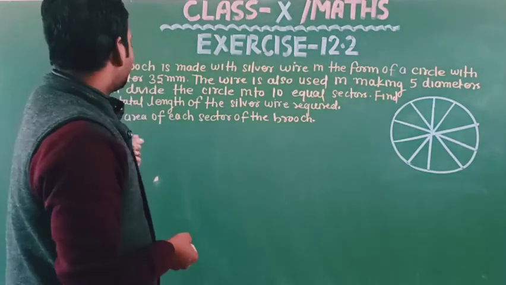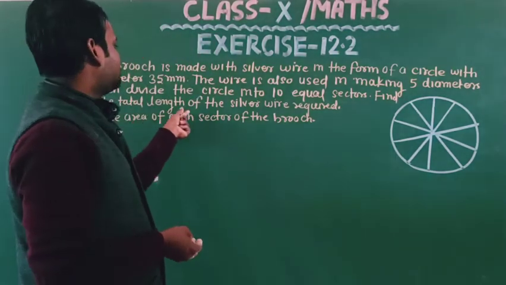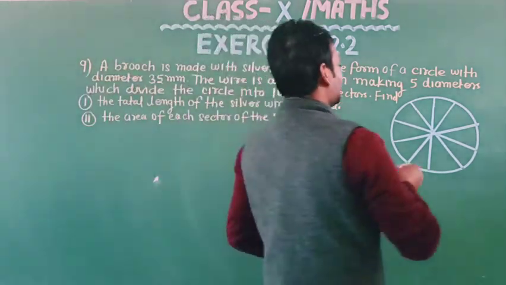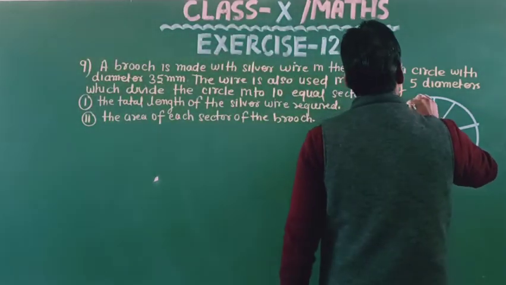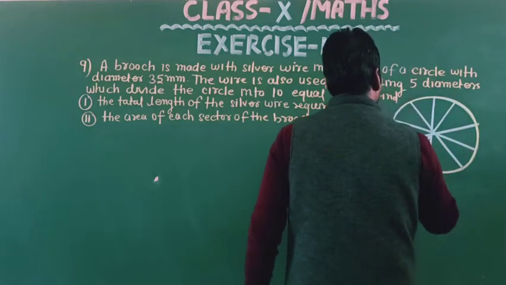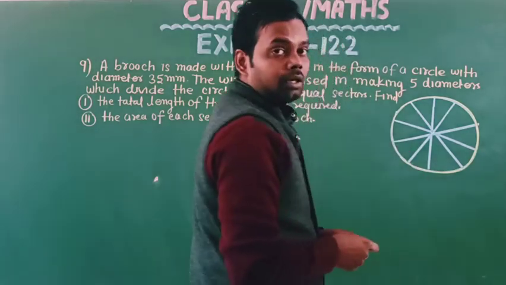Then we have to find the total length of the silver wire used. So one thing is clear, the silver wire used in a circle is equal to 2 pi r.